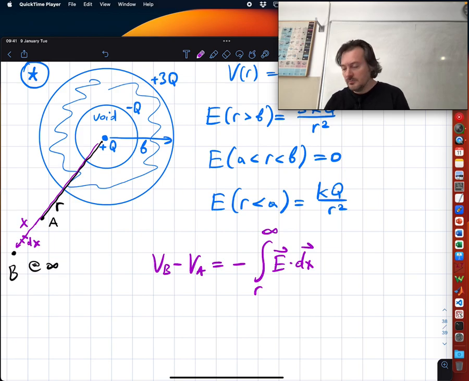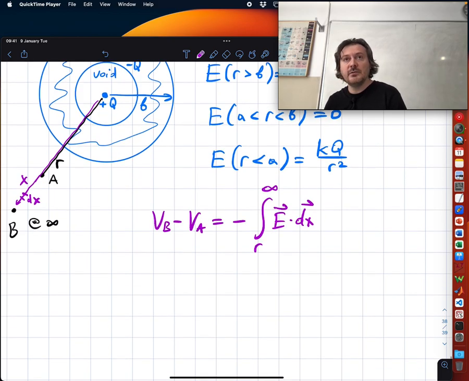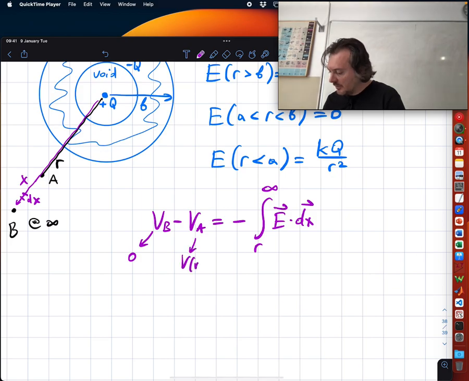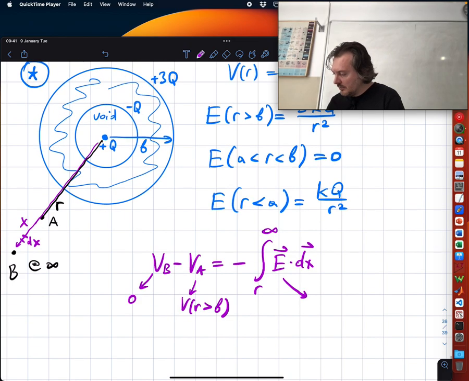No? Is it too easy so that I should be moving even faster? No. Okay, that's a firm no. I like it. So this one is 0. VA is going to be our potential, r outside b. And the field will be 3kq over x squared because of this.